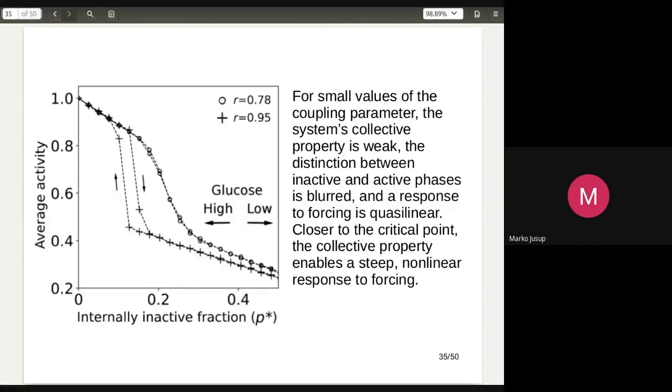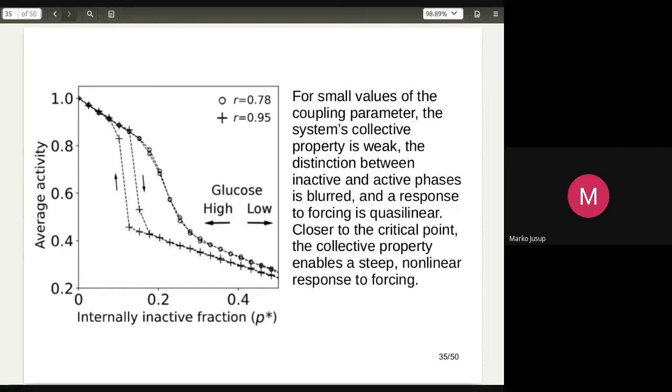The difference between these two: here are results for two different situations. The circles are for slightly weaker coupling, and the pluses are for stronger coupling. With really strong coupling, we actually have the system inside this bistable zone, and then we can see hysteresis curves like this.